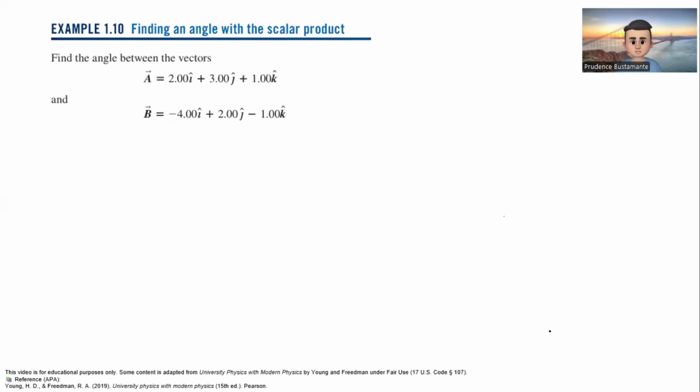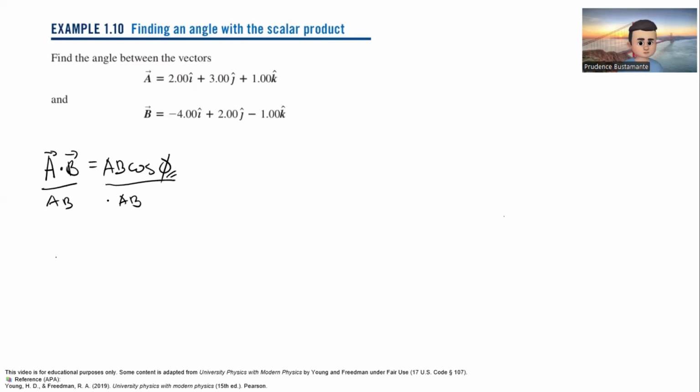So we have another example. This is quite long. Here you're asked to find an angle with a scalar product. Find the angle between the vectors A and B. Given these values, you're asked to find the angle between these two vectors. If you recall, the formula is A dot B is given by AB cosine phi. Since this is our target variable, we divide both sides by AB.